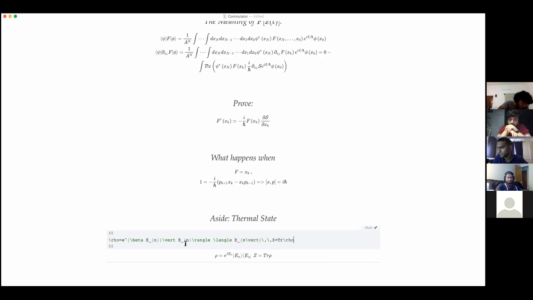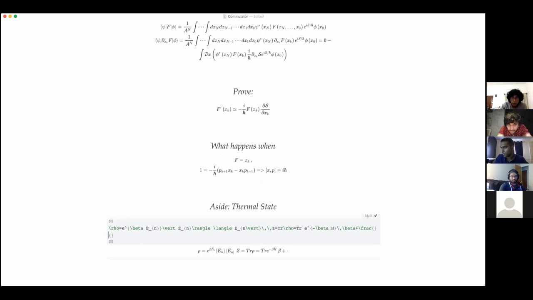So really, the trace of rho is going to be the trace of e to the power minus beta H, right? And here, beta is given by 1 over the Boltzmann constant times the temperature. Why is there a plus here? I don't like this. Okay.